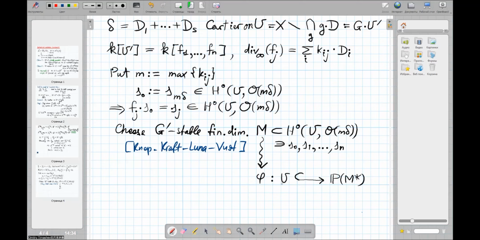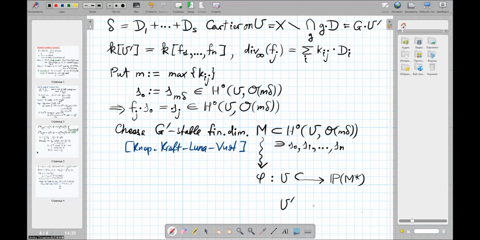Let me explain why. If you take a smaller open subset, say U prime, this U prime is an open subset in U defined by non-vanishing of S naught, because the divisor of S naught, which is delta, is the complement of U prime in U. So on this U prime, the section S naught nowhere vanishes.